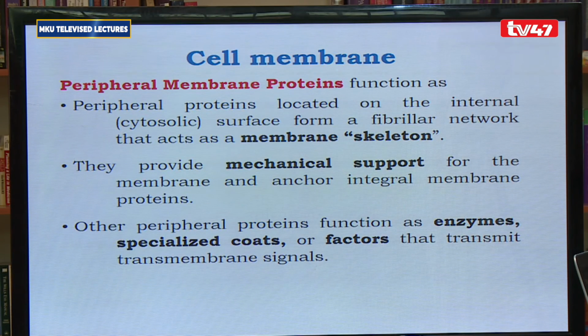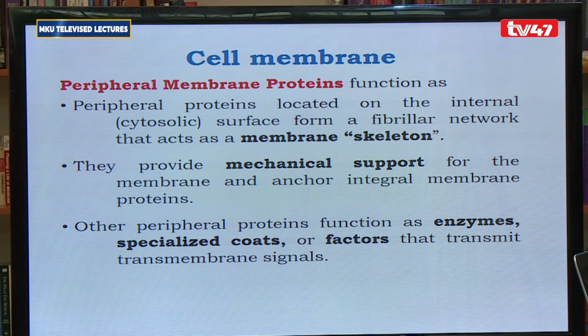Then peripheral membrane proteins, the ones located on the inside, that is on the cytosolic surface, help in forming a kind of skeleton, a net or a network that provides a stable structure on the lower side of the membrane. They also provide mechanical support, where they anchor integral membrane proteins. So they provide an anchor for the proteins.